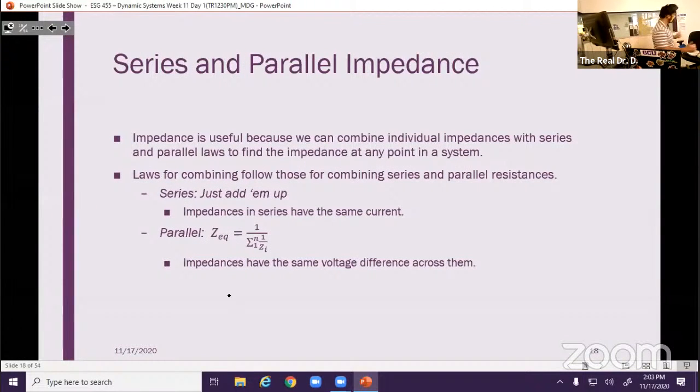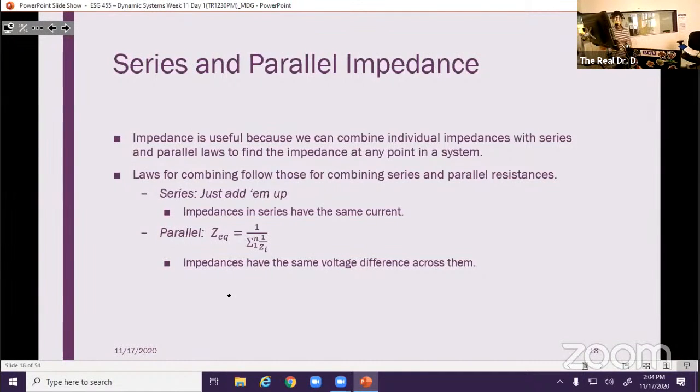Well, it's useful because we can combine individual impedances in series and parallel, right? And the way that we do this is we use the resistor rules, right? Because everything was normalized using Ohm's law. So if we have impedances in series, we just add them together, and that is our equivalent impedance, right?